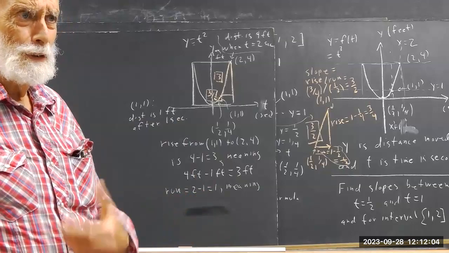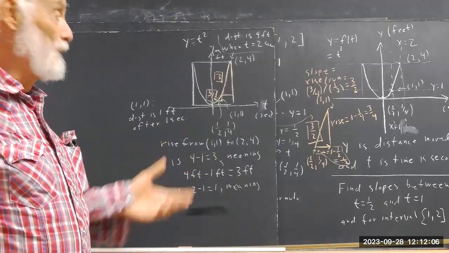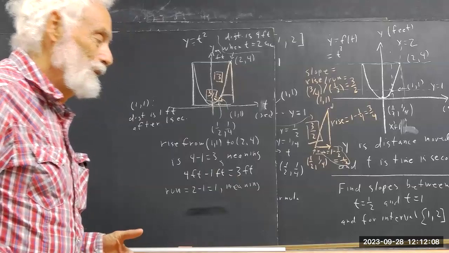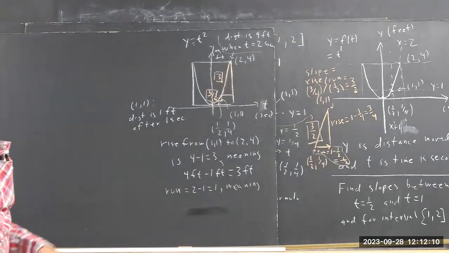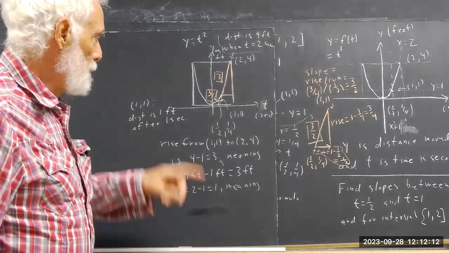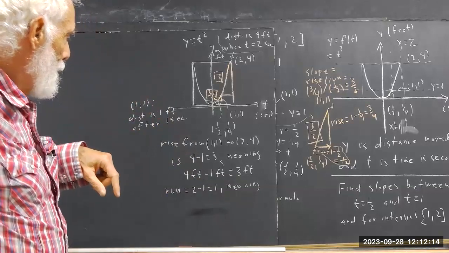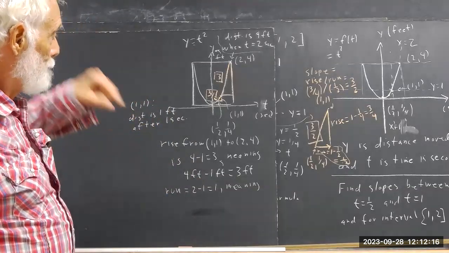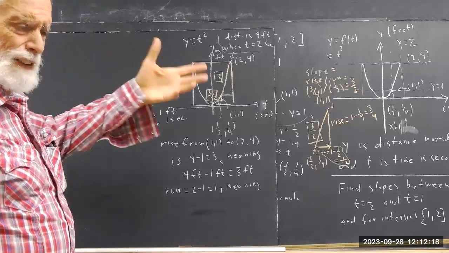I hold that against Zoom. I like Zoom pretty well, but I wish they'd get that little glitch fixed. There's a big delay when I press the buttons and it's a little confusing. I'm learning, and that delay is kind of new.